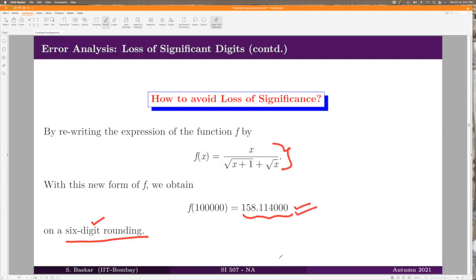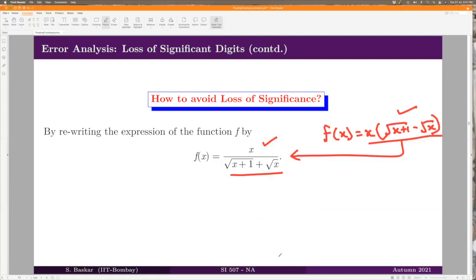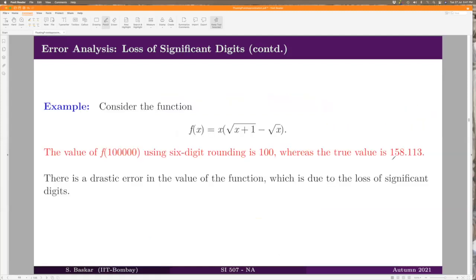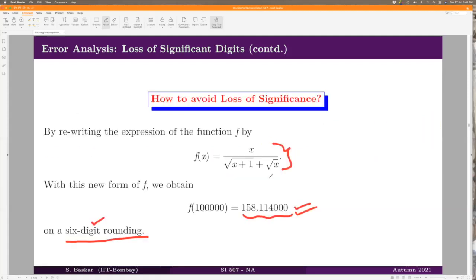You get this number. If you recall, the exact value was 158.113. Now you got 158.114. So it looks as if it's magic, because the calculator is the same and the expression is mathematically equivalent, but there is a drastic improvement in the error.